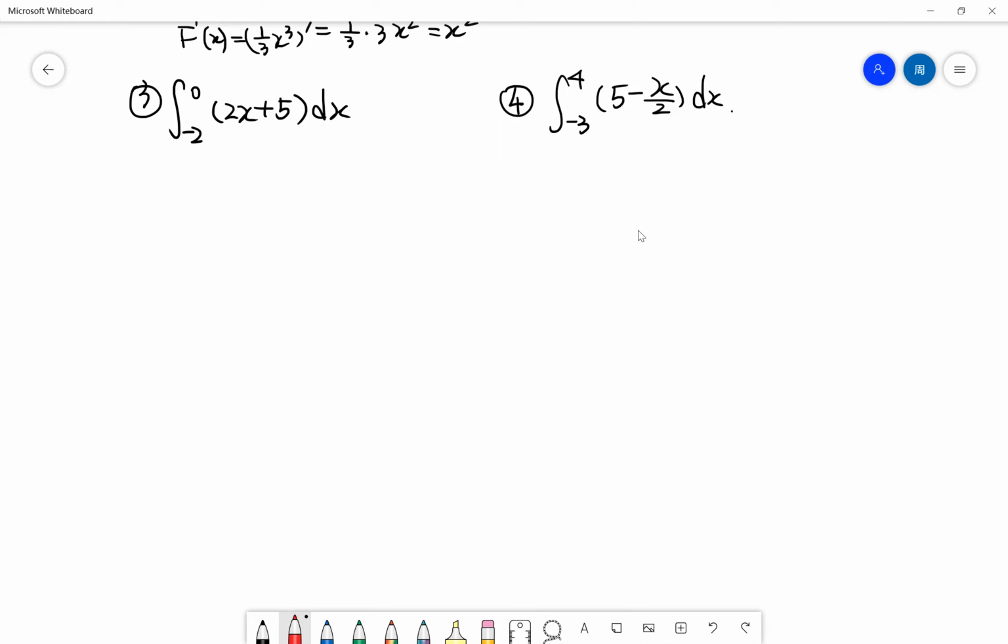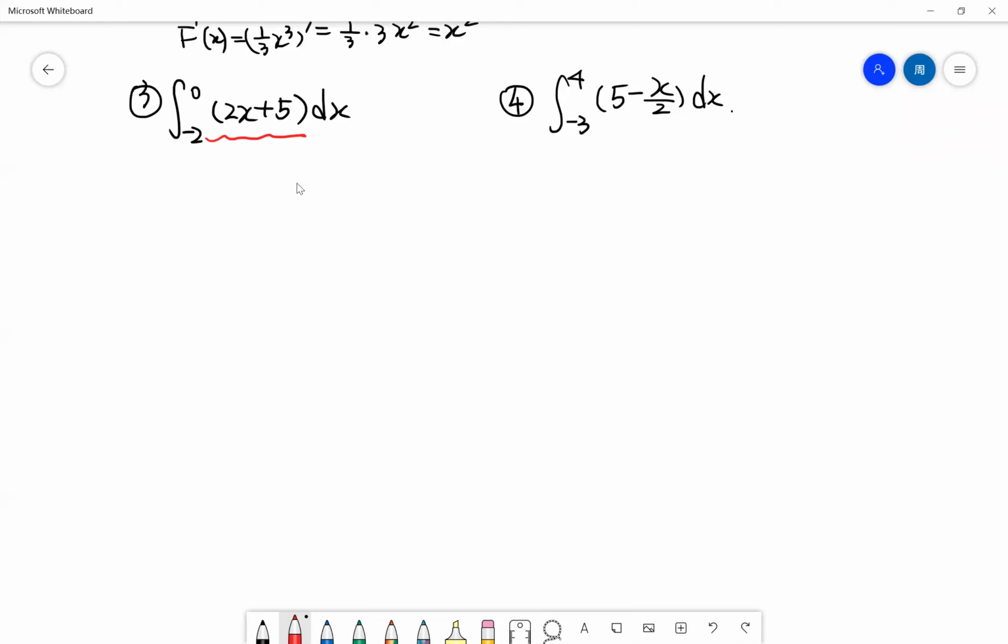Okay, let's solve it together. For the first one, number 3, if we want to calculate this definite integral, first you should find one of the antiderivatives, right? So how to find antiderivatives here? You can use the formulas for indefinite integrals.